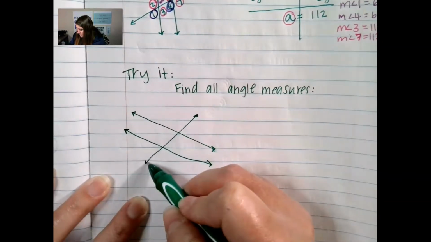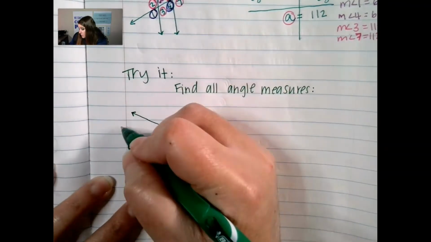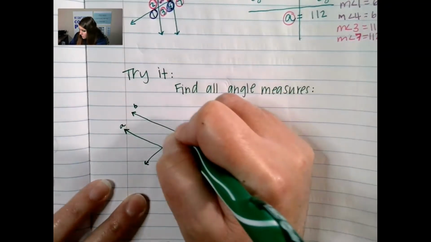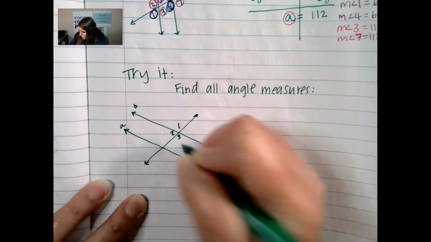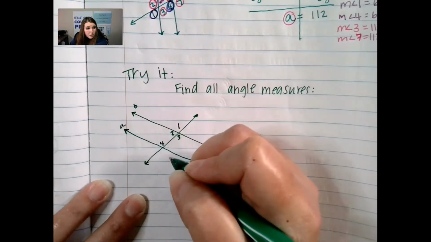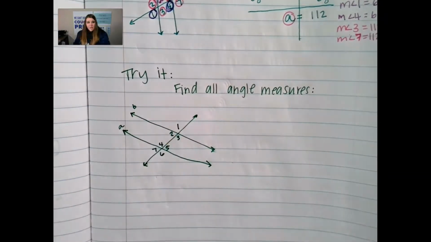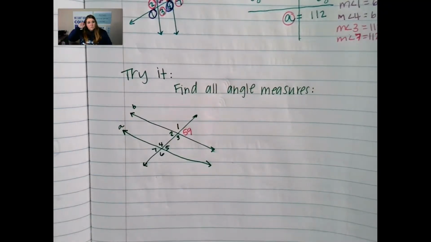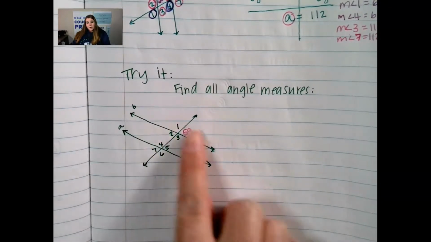A and B are right there. And 1, 2, 3. And this one is 4, 5, 6, and 7. Okay, so your job is to find what these are when this measure right here is 59 degrees. So find all the other measures when this one is 59, and you are looking for everything else.